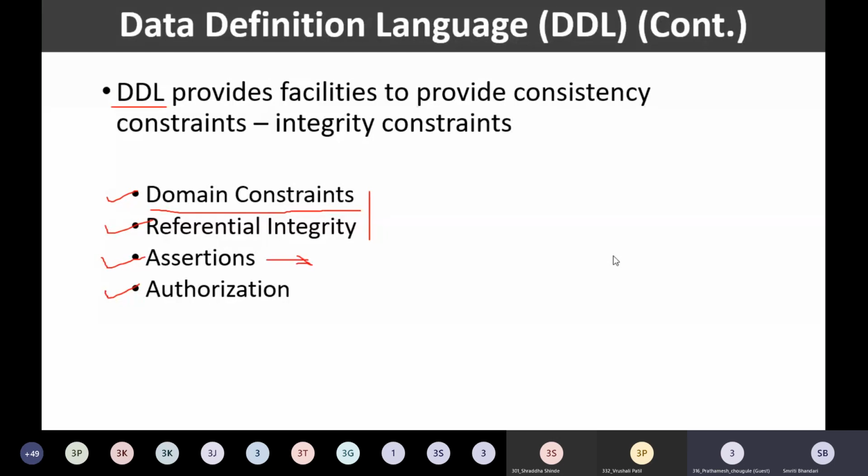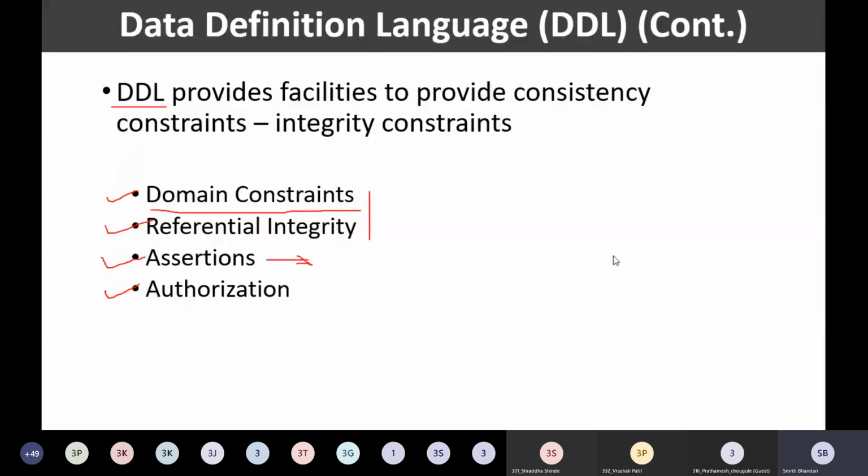Delete authorization. Correct. So we may have read authorization, insert authorization, update authorization, or delete authorization. Depending on the user, we provide that kind of authorization so that the user can manipulate the data accordingly.